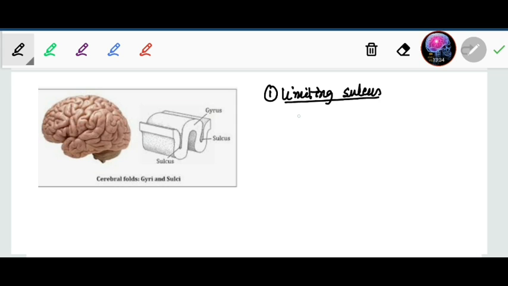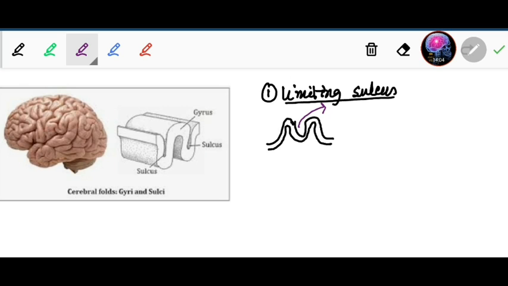So if we draw the sulcus with its flanking gyri like this, then the limiting sulcus is one which is flanked by two different functional areas. Let us draw the functional areas with particular colors.